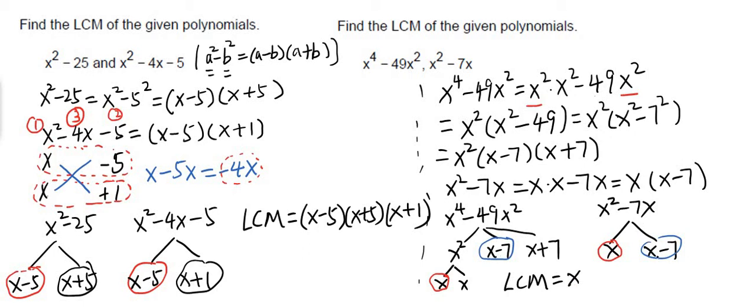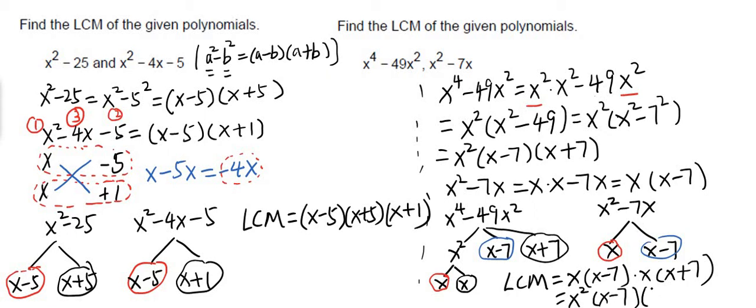And x minus 7, we just pick once. Okay, and the left factors we just multiply together, x plus 7. Okay, of course here the x times x could be x squared, x minus 7, and x plus 7. That's it.